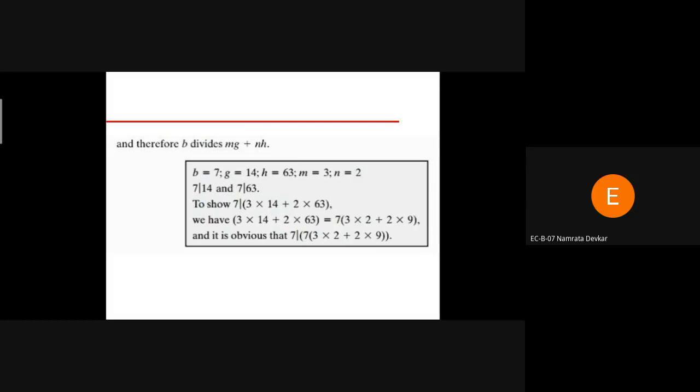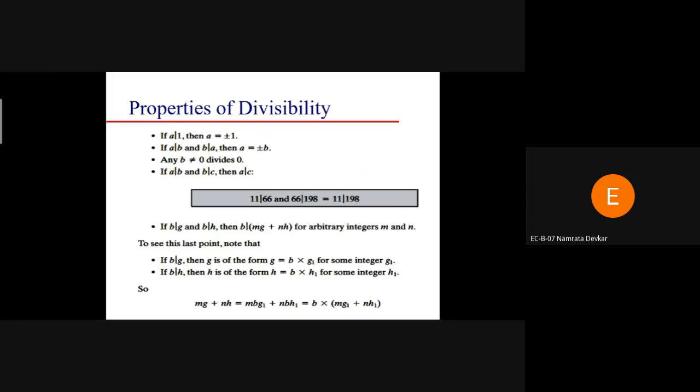Okay, so now we have to justify the property. How do we rewrite these particular values in the divisibility properties? So what should be our concept? There should be b in modulus, mg plus nh.